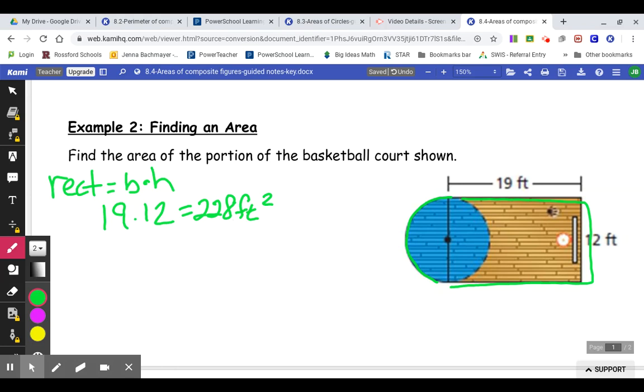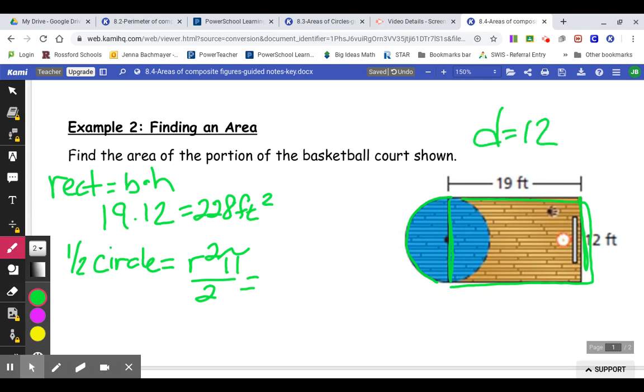The half circle, or semicircle: the area formula for a circle is radius squared times pi. And then because it's half, we're going to divide by 2. So my radius, over here I have the diameter. So diameter equals 12. That means radius is half, we get 6.